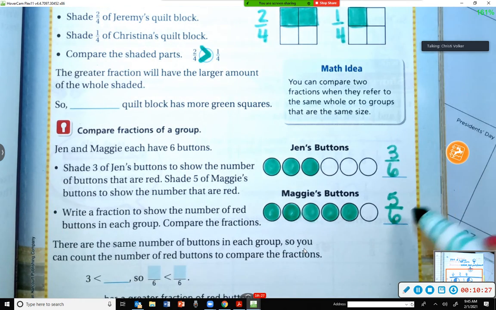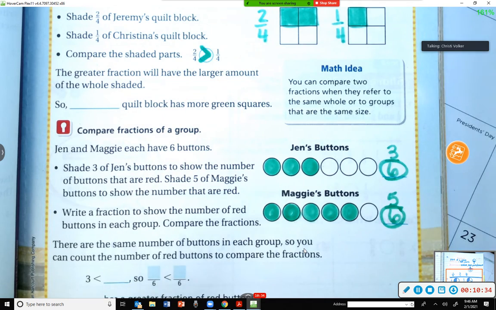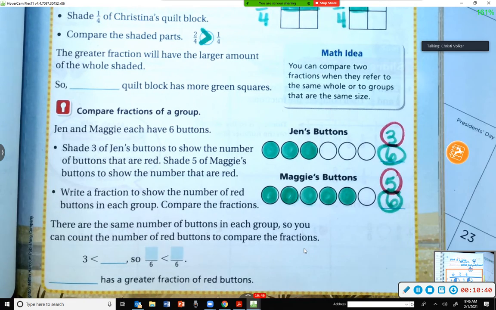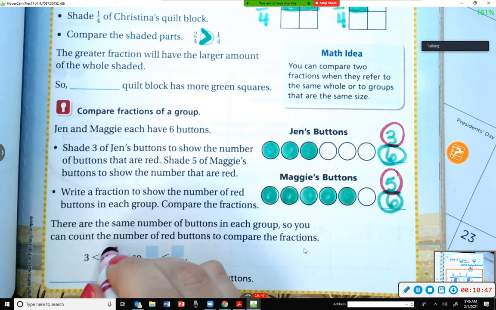Okay, so since the denominators are the same, they both have 6, all we need to do is look at the top to figure out who has more red buttons. 3 or 5? 5. Okay, so 3 is less than 5.